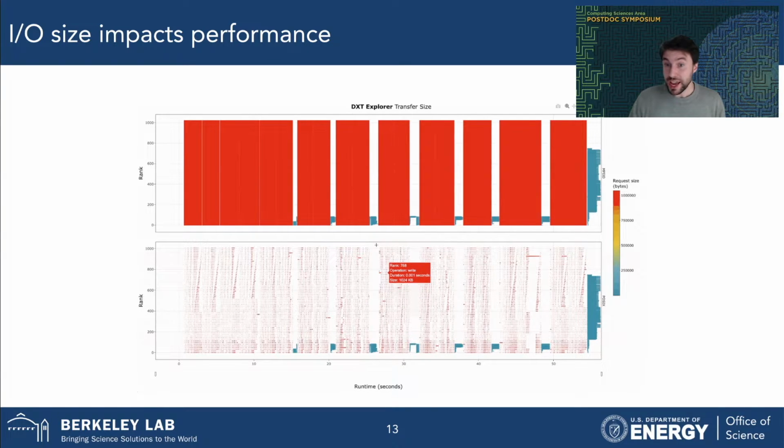We also know that I/O size impacts performance. Doing very small requests will harm our application, but also cause performance interference for other applications since we are using a shared storage file system. You can see on this particular transfer size plot in the DXT visualization an execution of an application that uses HDF5 to write data and metadata, and that is done after each one of the iterations.